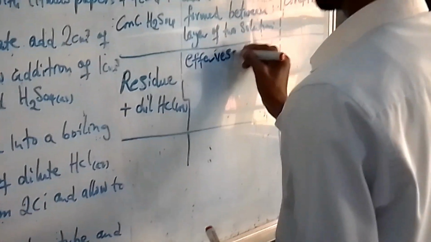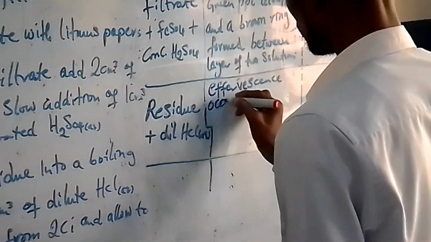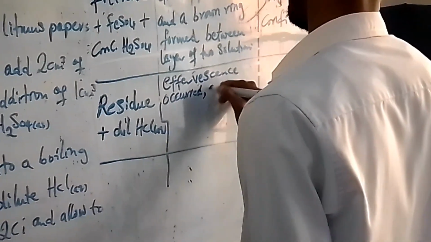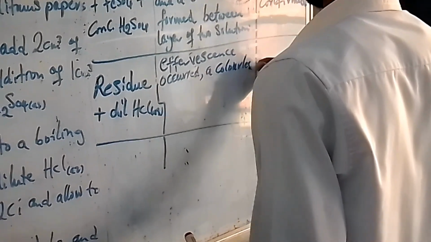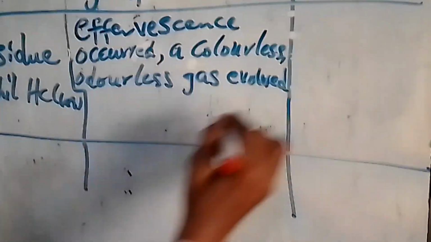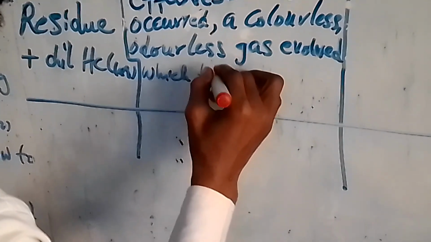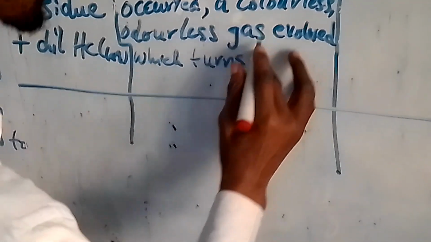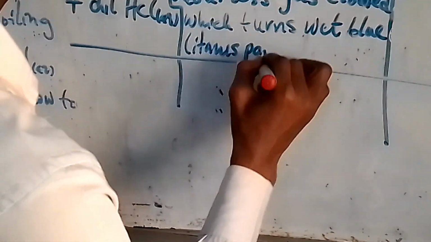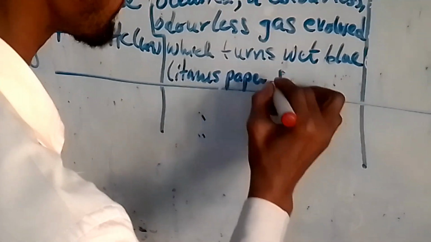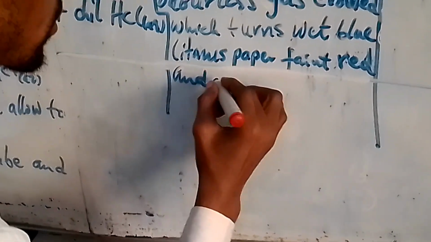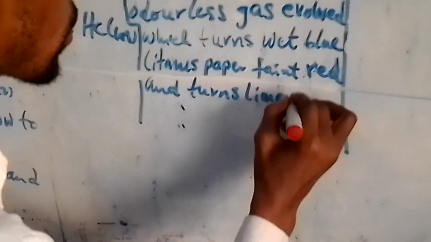Effervescence occurred, a colorless, odorless gas evolved, which turns wet blue litmus paper faint red and turns lime water milky.